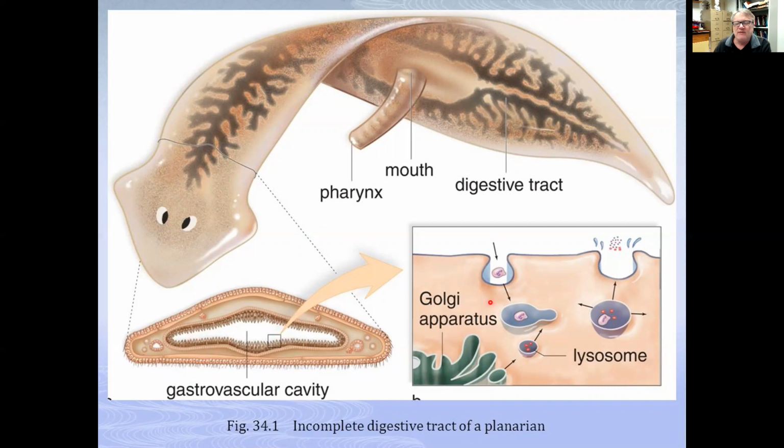But the only way things really come in are just the same mechanisms that a single cell organism would use, of endocytosis, bringing things in, breaking them down, and then bringing the nutrients into the apparatus that's going to produce new proteins and new metabolic machinery.